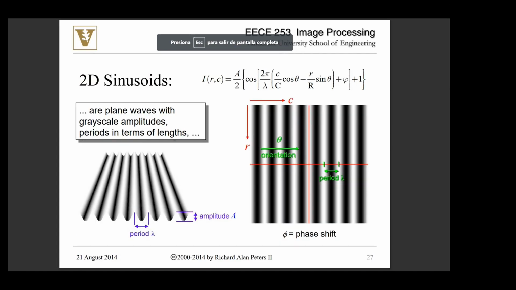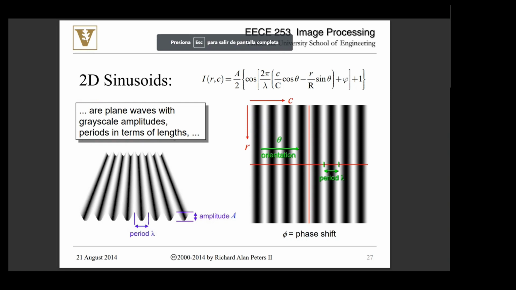Okay. In the Fourier transform, one of the key elements is the sinusoids. So what does a 2D sinusoid look like? We will explore that. What is a two-dimensional sine?